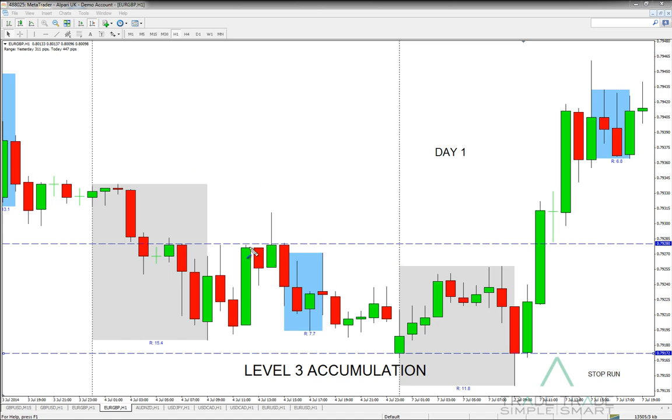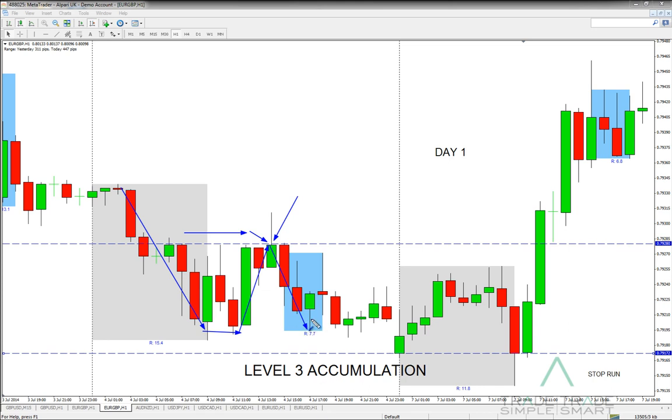So we have a period of sideways price action, and then we have the high of the range set here. Okay, so we have the market come down, go into sideways accumulation, trade up, and then bounce down, which sets our level of resistance.